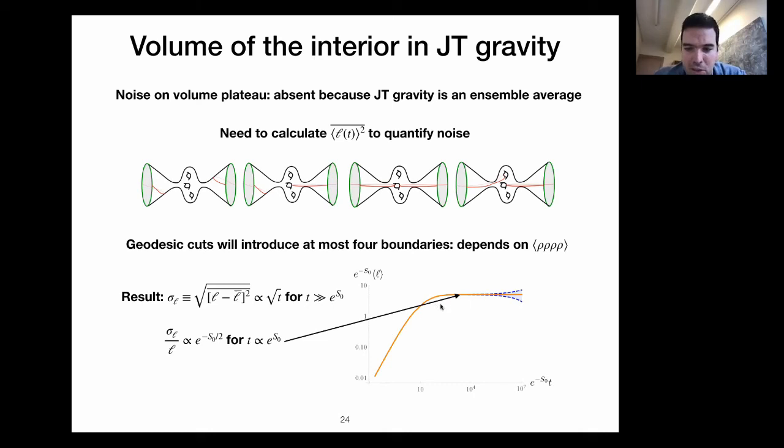Basically, there's a part of this volume plateau where the time scales like e to the S naught when the noise is much smaller than the signal. It's suppressed exponentially in the entropy, but if you wait long enough, for times that are e to the 2 times the entropy, then this signal to noise ratio becomes order 1. And in particular, the weird thing is that this noise doesn't plateau.